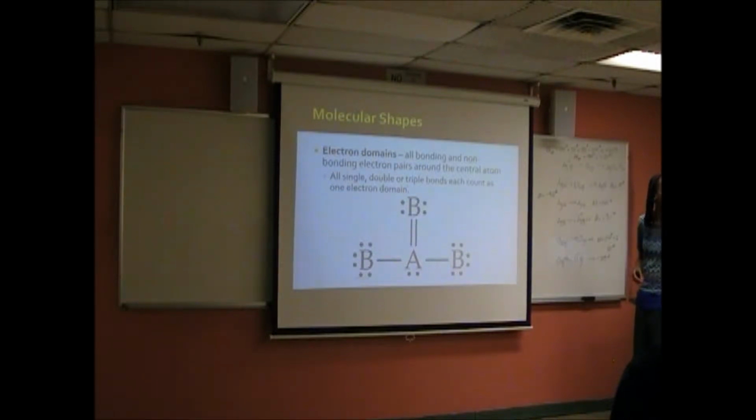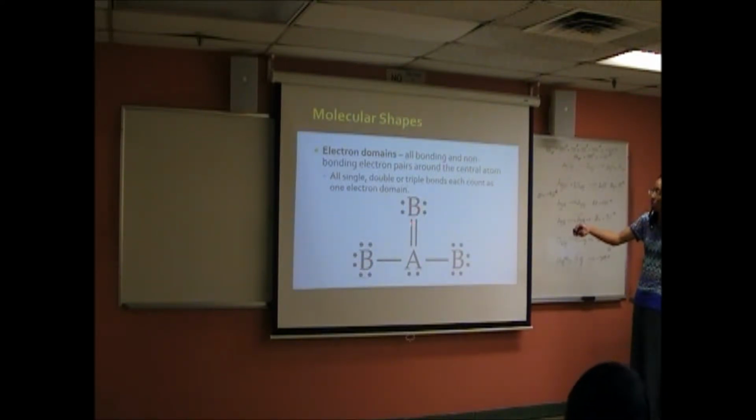You have 4. You have 2 single bonds to B's, you have a double bond to B, and you have your lone pair here. So there are 4 bonding arms, 4 electron domains.